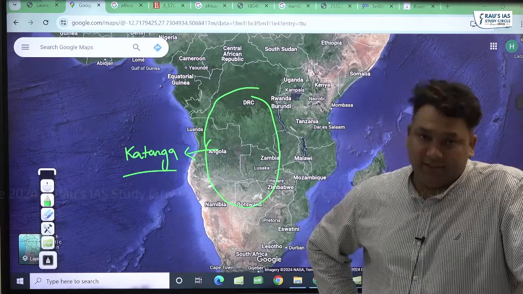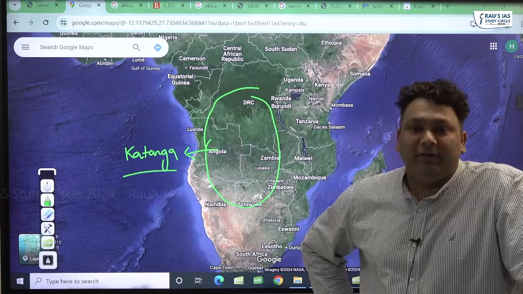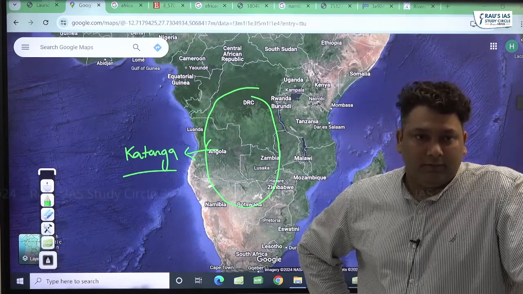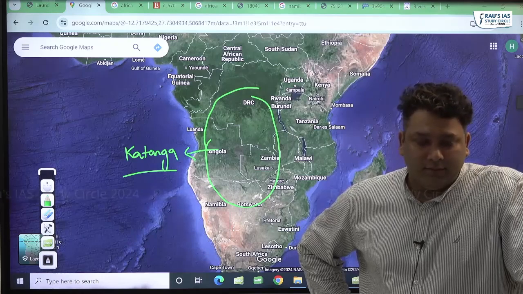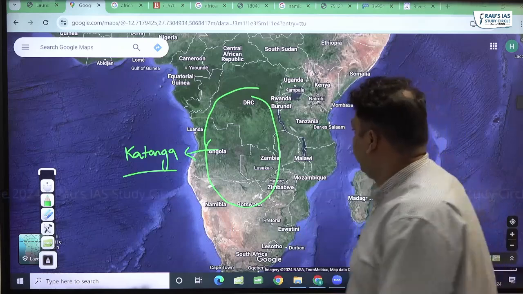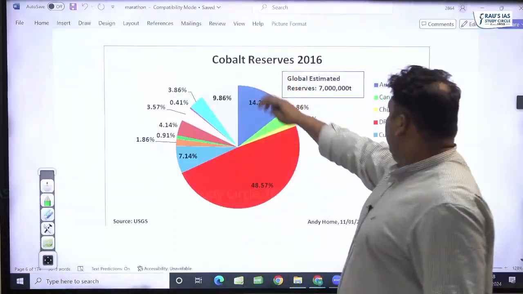I hope you know what a shield is. Wherever in the world you have shield regions, they're rich in metalliferous minerals. So this is about the conflicts.